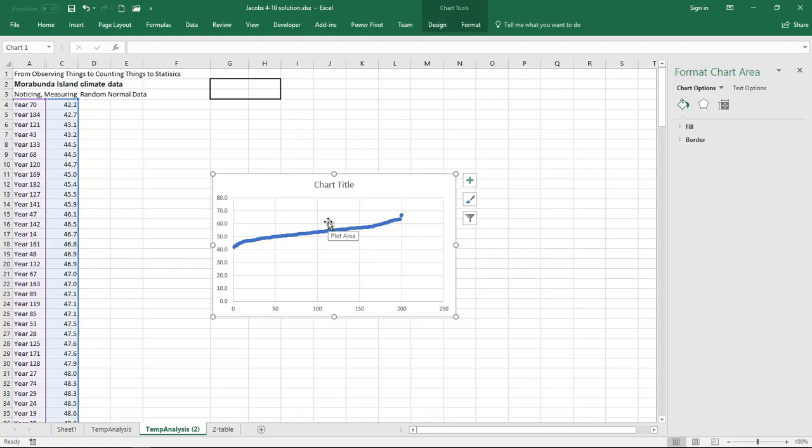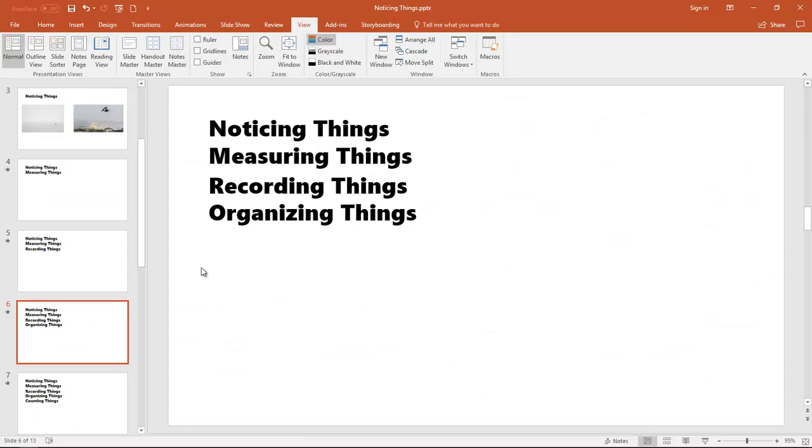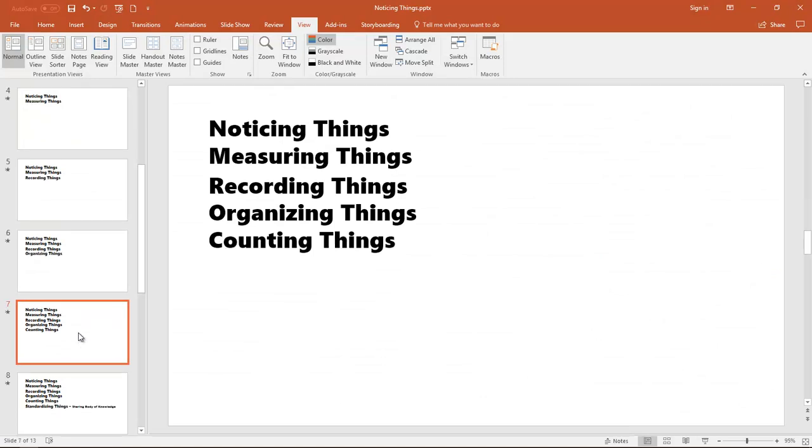So the next step in our approach to this, after we've lived with this for a little while, we start saying, well, how often do certain ranges of these numbers come up? Okay, and this is a big advance in our thinking, because we went from just organizing things, the raw data here, to counting things. We're counting how many times something happens.